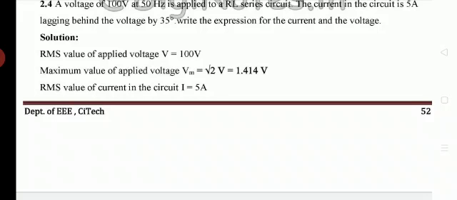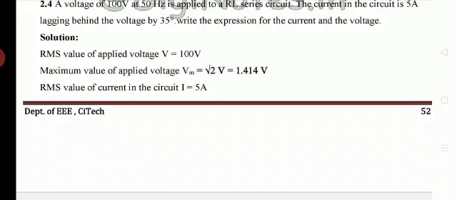So once you calculate omega, that will hold good for both equations. And the angle they have also given: the current is lagging behind the voltage by 35 degree. Here you should note, always in an RL series circuit the current lags behind the voltage by an angle phi. That value phi they have given as 35 degree, you have to note.